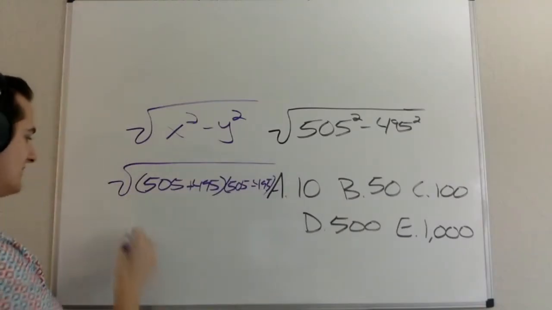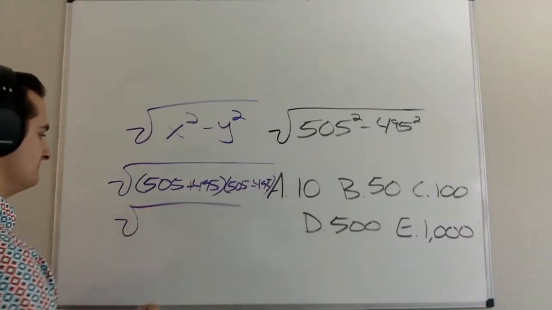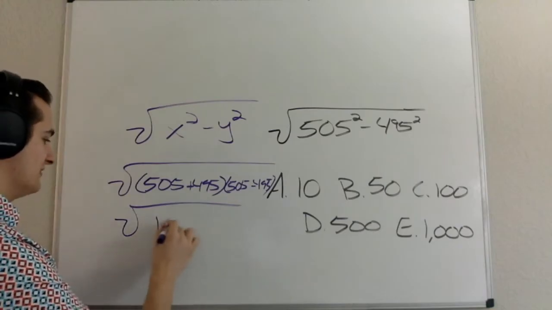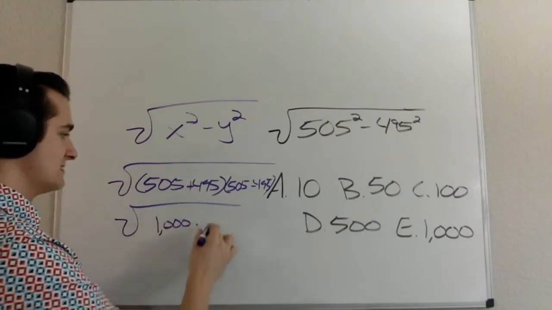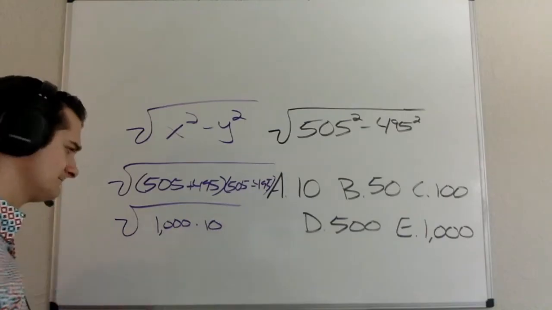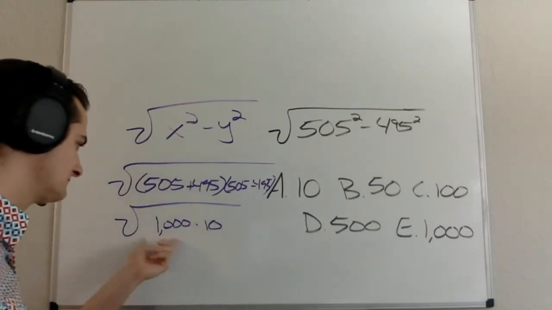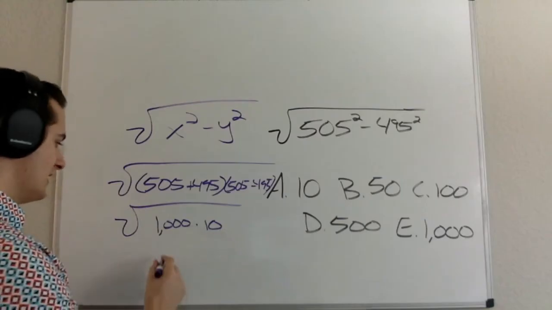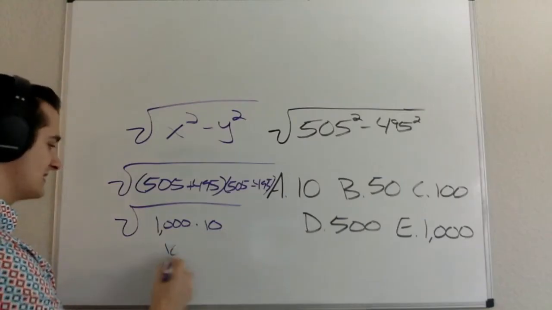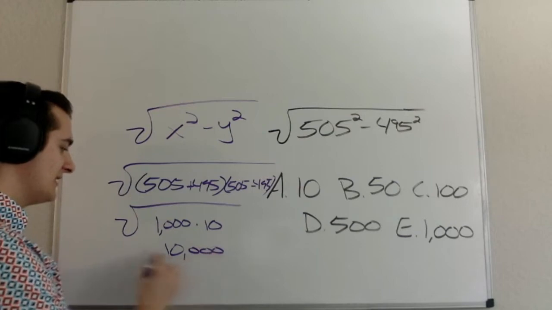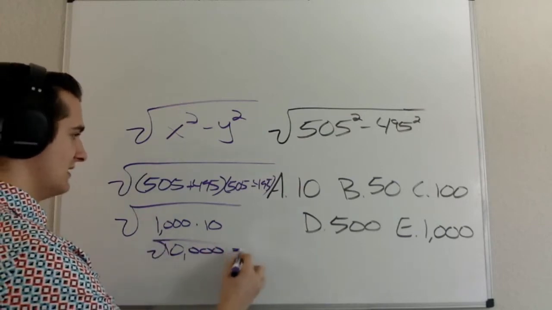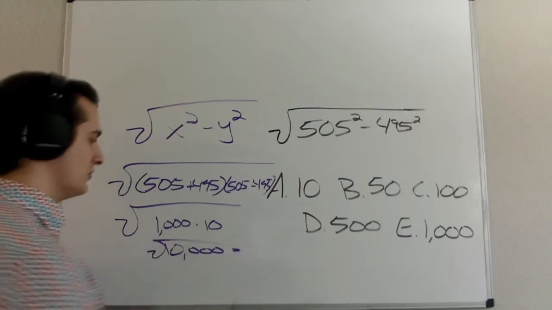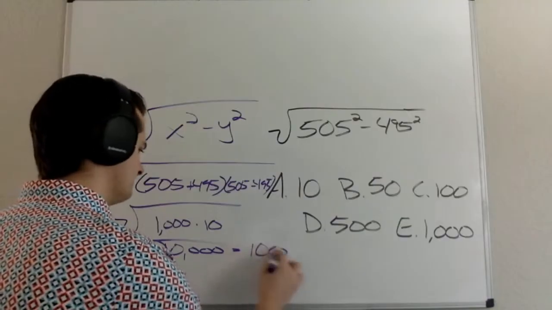What that's going to give me is the square root of 1,000 times 10. Of course, 1,000 times 10 is 10 to the third times 10 to the first, or you could say that's going to be 10,000. And when I take the square root of 10,000, that's going to be equal to 100.